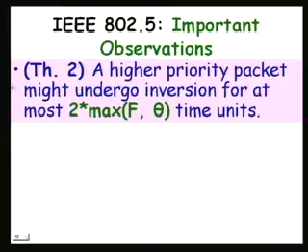Another observation, which we will state in the form of theorem 2, is that if a higher priority message has arisen at a node, then it might undergo priority inversion for at most 2 times max f comma theta time units.